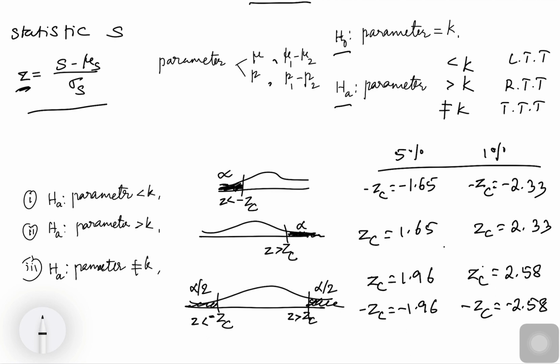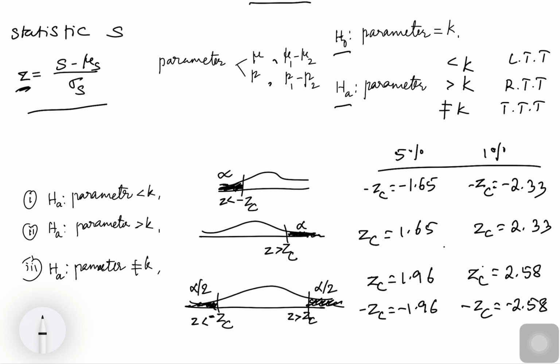For a two tail test, anything above 1.96 or anything below minus 1.96 will be rejected. Similarly, at 1%, we already know that minus ZC is minus 2.33, ZC is 2.33, and for a two tail test, it is 2.58 and minus 2.58.